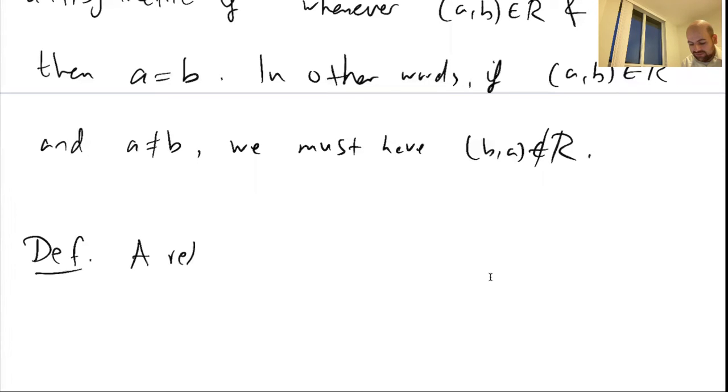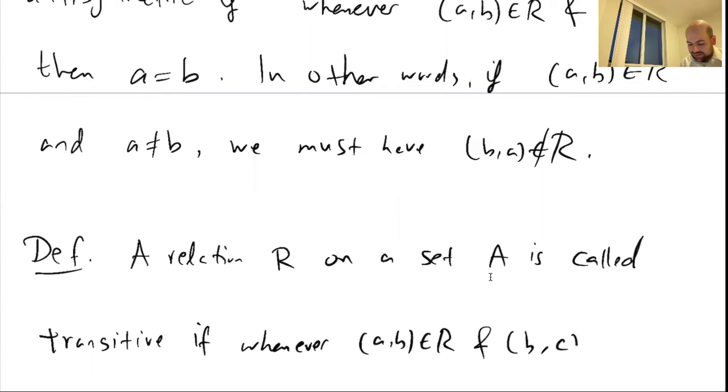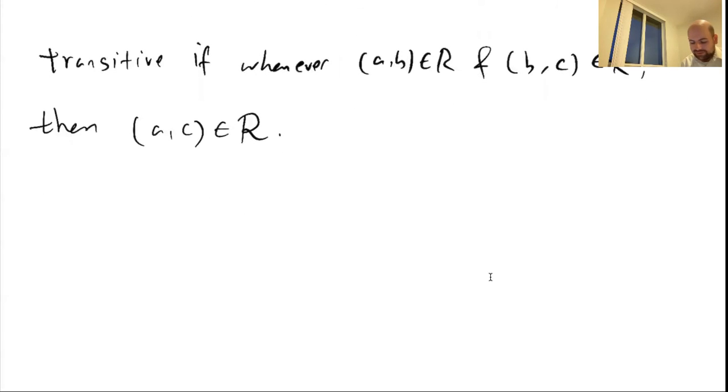Transitive: a relation R on a set A is called transitive if whenever A and B is in R and B and C is in R, then A and C is in R. Okay, so transitive means whenever A and B and B and C are both in R, then A and C is in R as well. All right, so let's look at an example here.